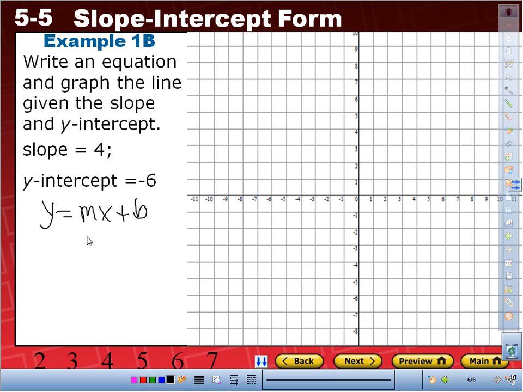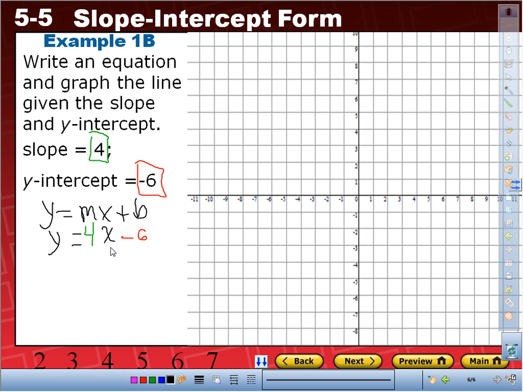Can we substitute values in there? Yes. What is my slope? 4, so that goes right here. What is my y-intercept? -6, so it goes right here. I bring everything else down: the y, the equals, the x, and I'm done. Hands up if you got up to right there.